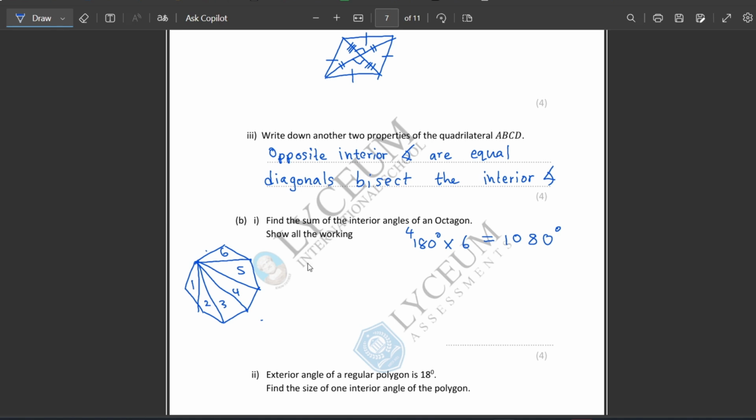Okay. So the other method is a formula: 180 times n minus 2, where n is the number of sides. This also gives the same answer, 1080.